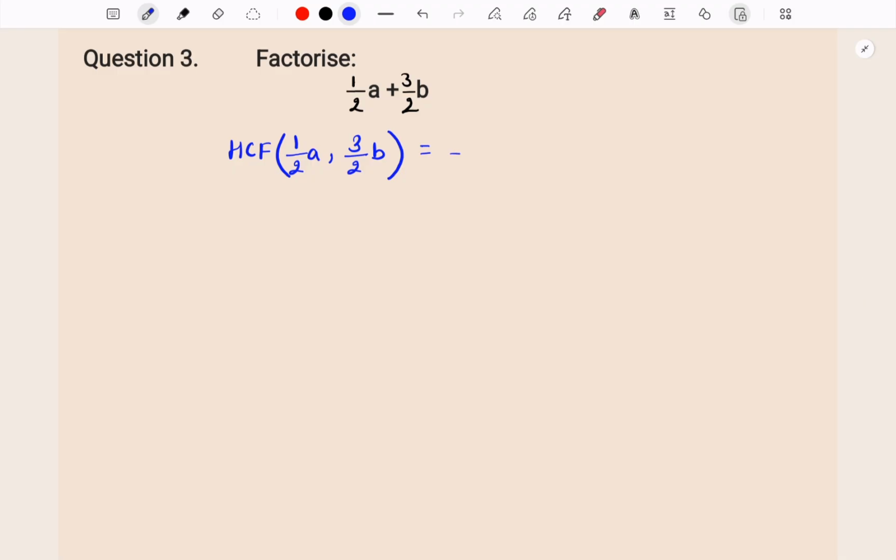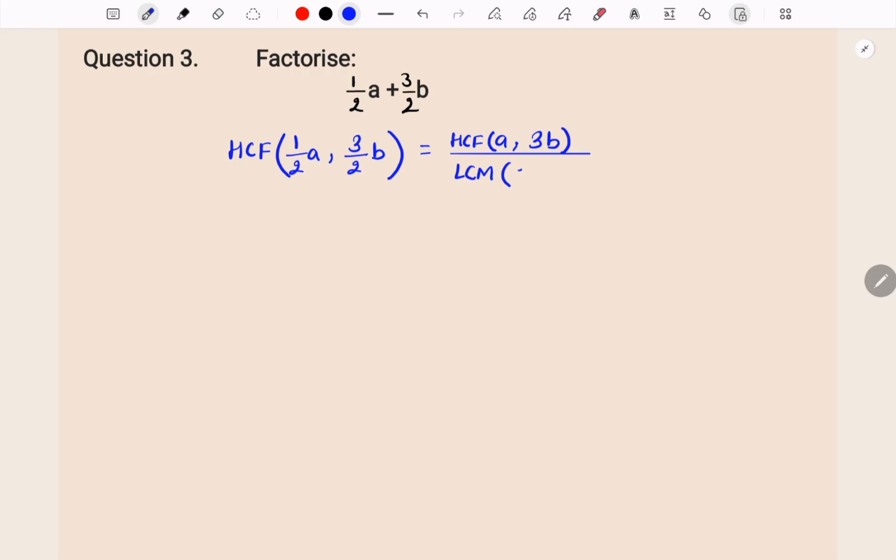For fractions, we need to take the HCF of the numerators. So here we have a and 3b as the numerators, and in the denominator I will take the LCM of the denominators.